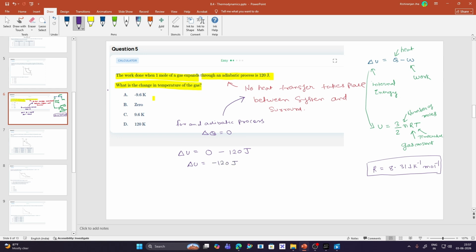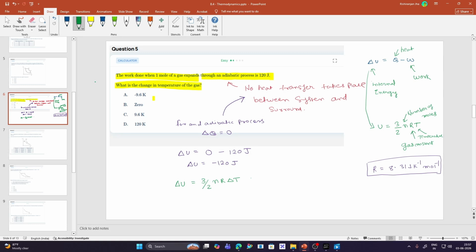Now let's jump to the second part of the problem, which also says that delta U equals 3 by 2 N R delta T, where N is the number of moles, R is the gas constant, and T is the temperature. Now let's substitute these values and see what we get.